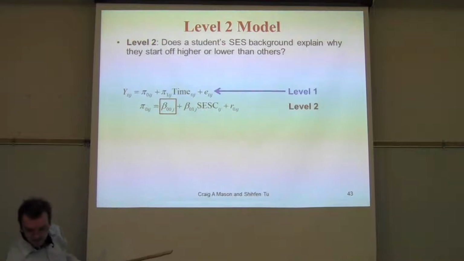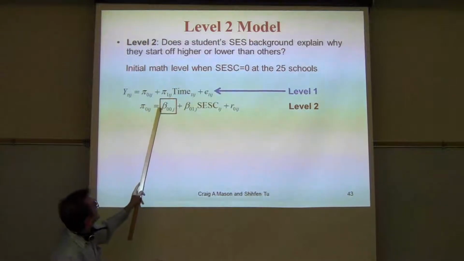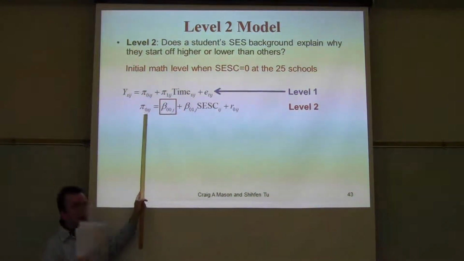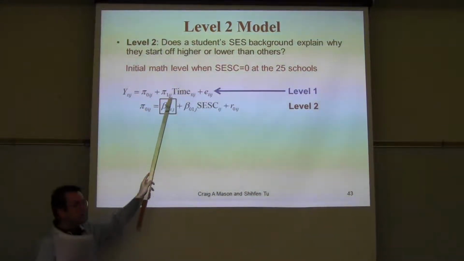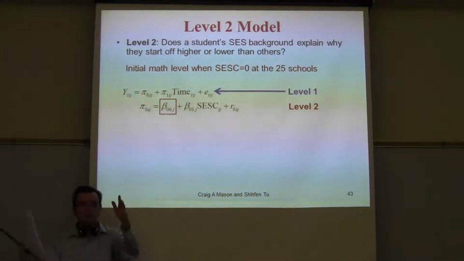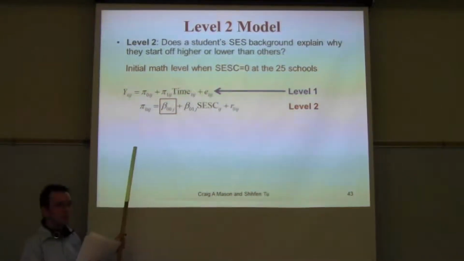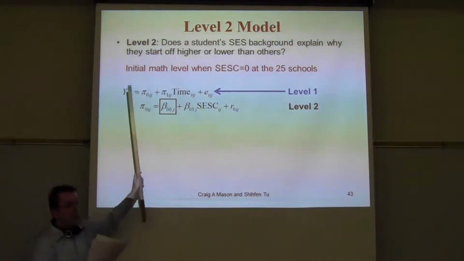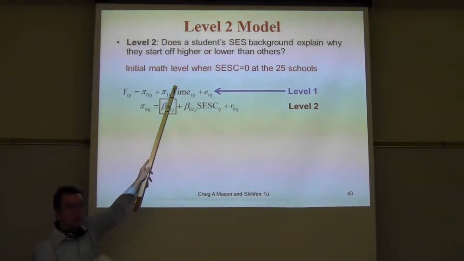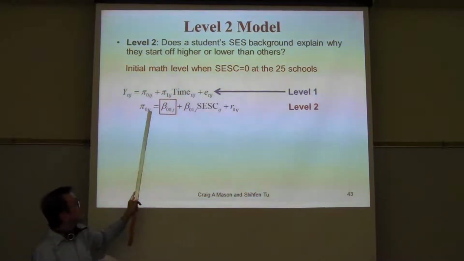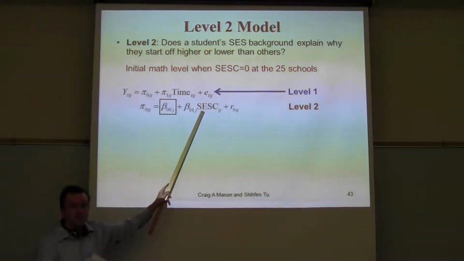So you can think of, well, it's the average, so what's pi 0 ij? Well, pi 0 ij, we already talked, that's that baseline, that initial math score. This is where you have to start substituting in the English for the Greek. We thought pi 0 ij was that initial math level for a student. So beta 00J is the pi 0 ij. It's the initial math level when SESC equals 0.